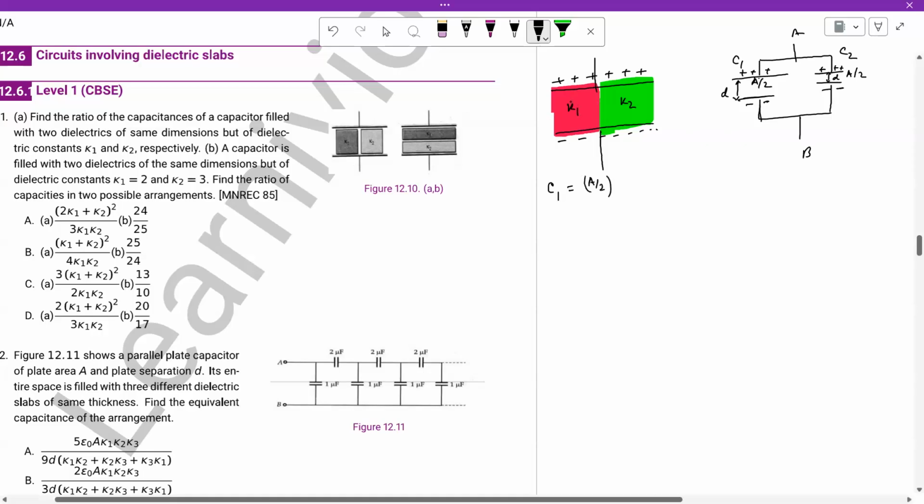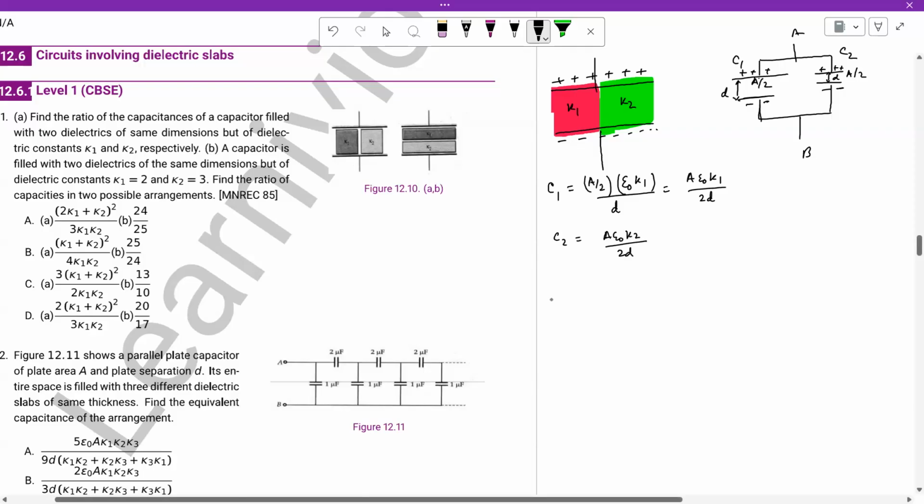And now, because this is a dielectric, that would be epsilon naught K1 by D, right? So this is A epsilon naught K1 by 2D. Similarly, we'll directly write C2, which is A epsilon naught K2 by 2D, right?